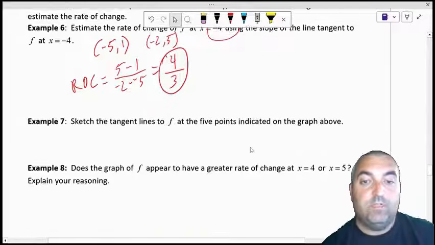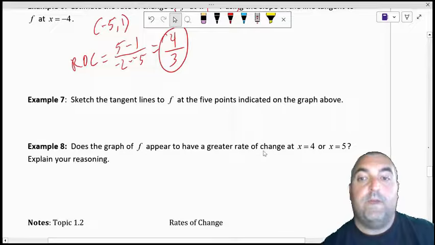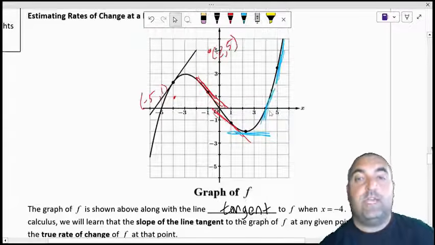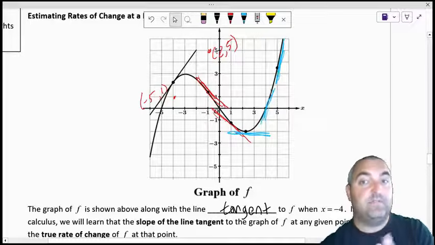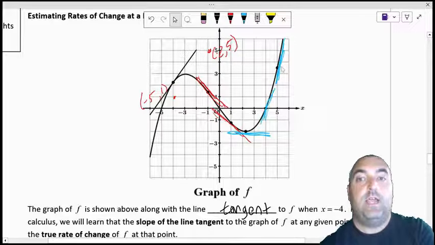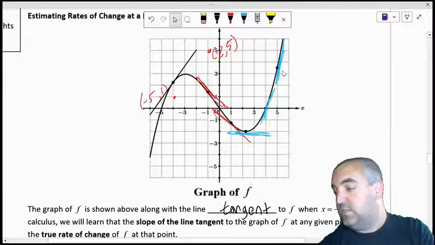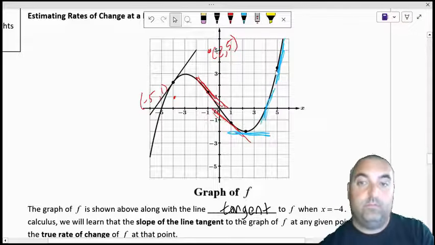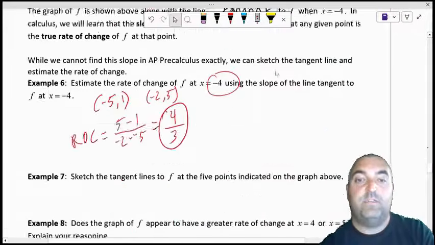That's what this question is asking. We're really just looking at steepness because they are both positive slopes. Hopefully by looking at this, you can say that the one at 5 is steeper.